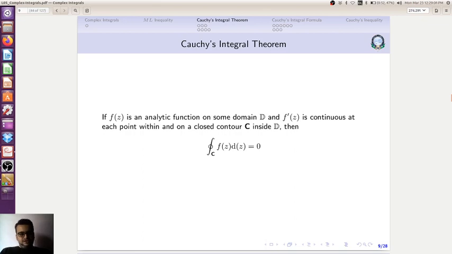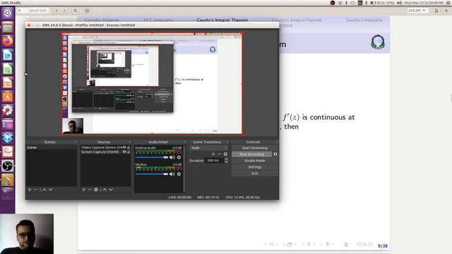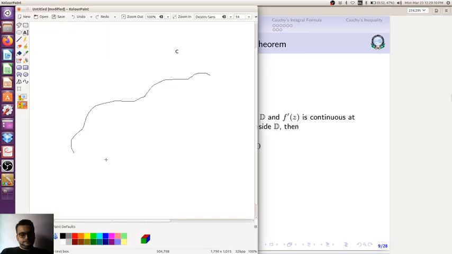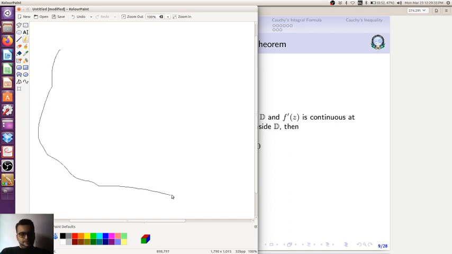To understand this, let us say I have a certain region in the complex plane.